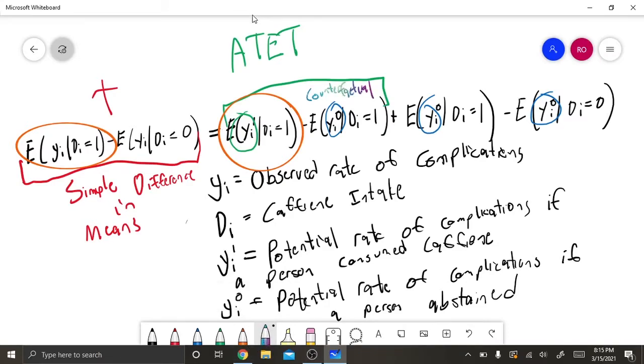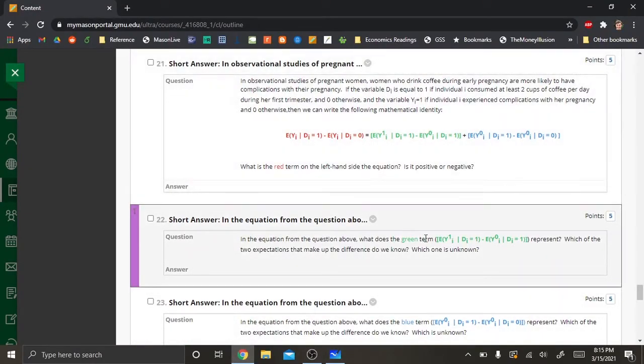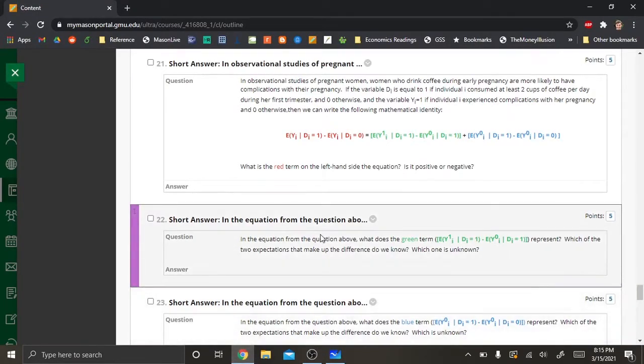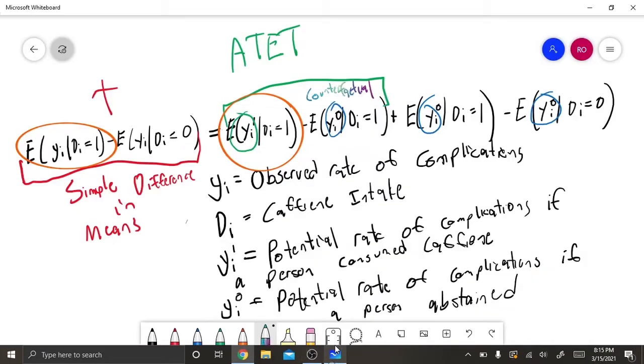Okay, so to get credit for this one, you would have to say the green term is the average treatment effect of the treated, and we know this term is a counterfactual. Okay, the next term has us looking at this one, and this, if you remember, we had a name for it.